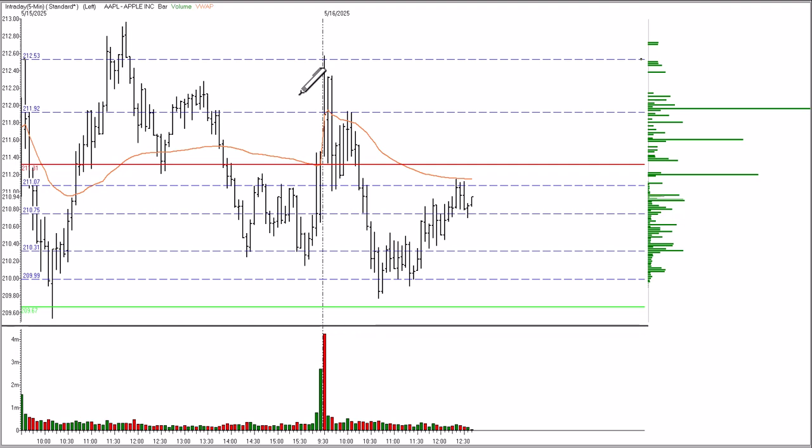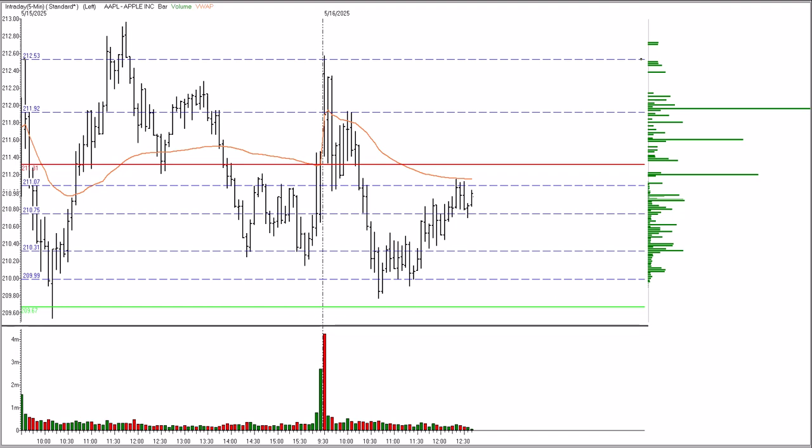But the stop on that would be just down below 211. So that's on a breakout up above there. And then a breakdown on the short side, if we had a clean break down below 210.31, so down below the bottom of this coil, we would target probably 209.80, 209.30 with a stop up around 210.50.